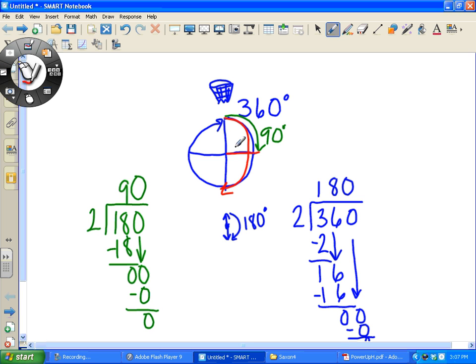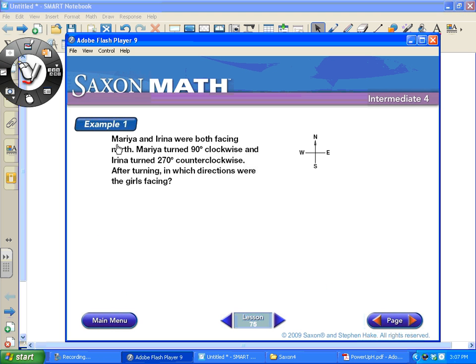Now what's so cool is that in that 90-degree turn, if you trace the angle, you see a right angle. And they say a right angle is a 90-degree angle. That's really cool. So how many 90-degree turns would you have to do to make it all the way around? Well, 1, 2, 3, 4. So now you have the background and we're ready to start.